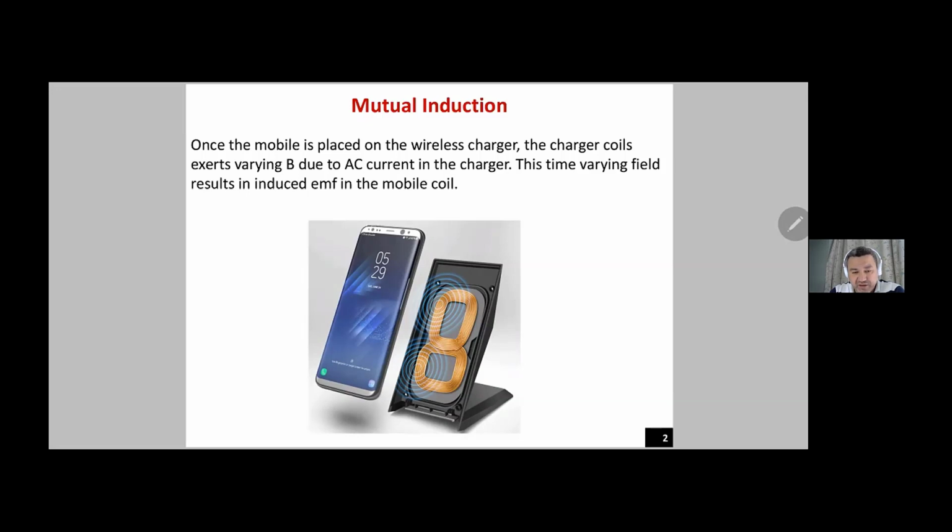As you can see, this technique is already utilized now in wireless charging, where you have the charger generating time varying magnetic field, and the mobile phone is receiving this time varying magnetic field through coils also that are in that mobile.